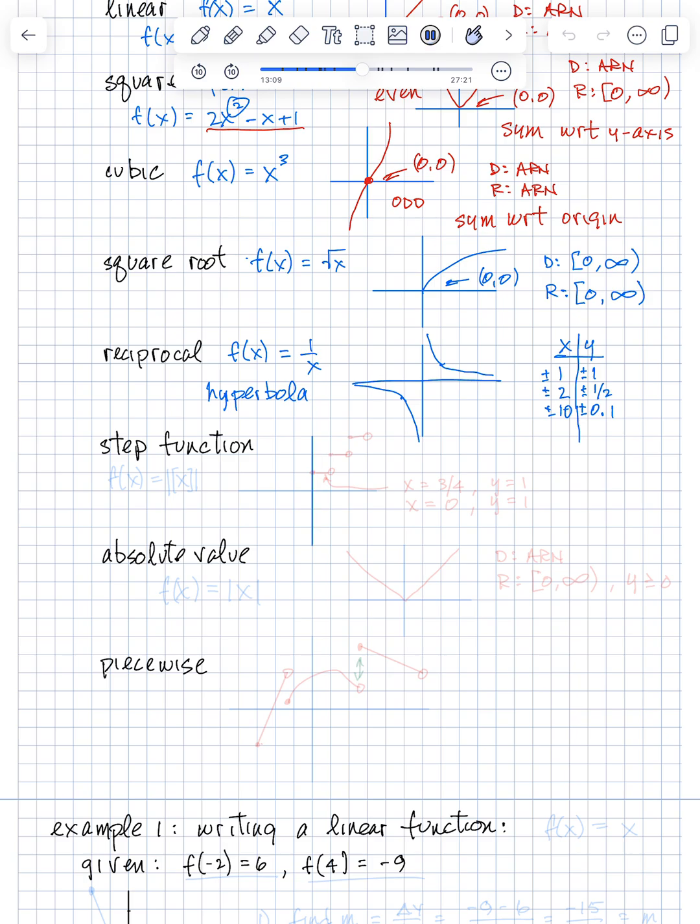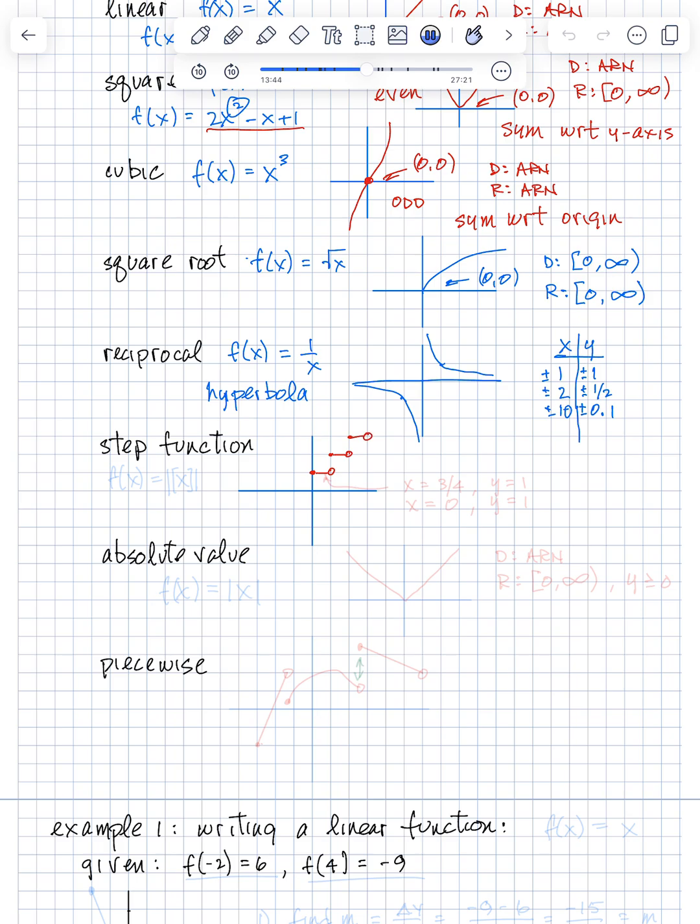Let me draw a coordinate frame. And so a step function is going to look something like this. Let's see. So it'll be a dot here, and it'll go to a circle. Then another dot above it, and a circle, and a dot, a circle, so on and so forth.